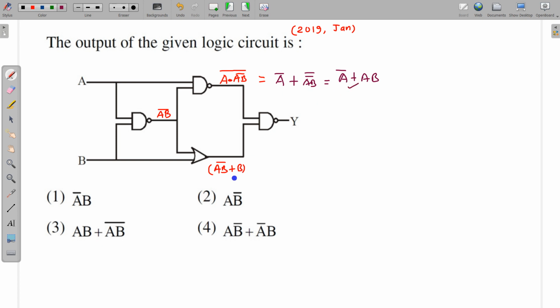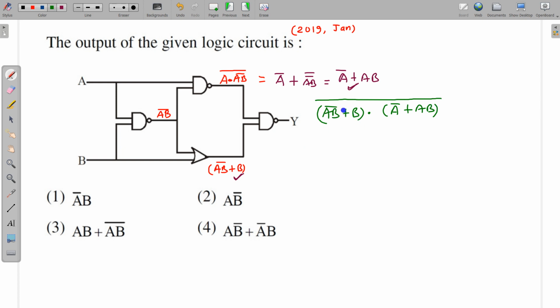Now this and this are fed into this NAND gate. So this and this we have to take the AND of and then place the NOT on it. So some kind of heavier expression will be like this. This is AB bar plus B. Take the AND of it first with this A bar plus AB, and we have to take a whole bar over this.